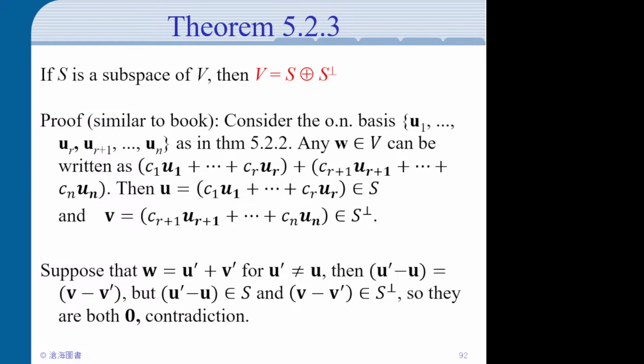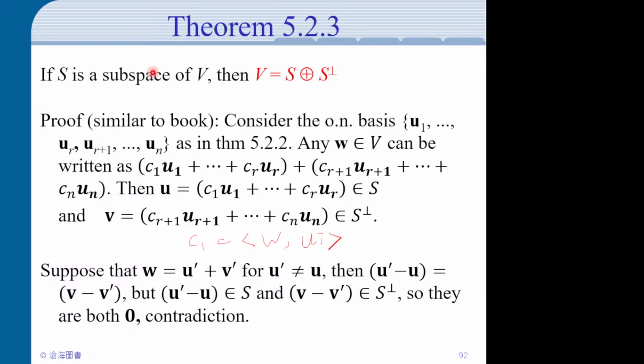As we said, u and v are the projection onto S and the projection onto S perpendicular, and so the c_i will, as before, just equal the inner product of our vector W with u_i. Here we give a more constructive proof.